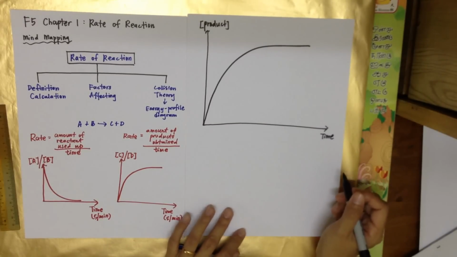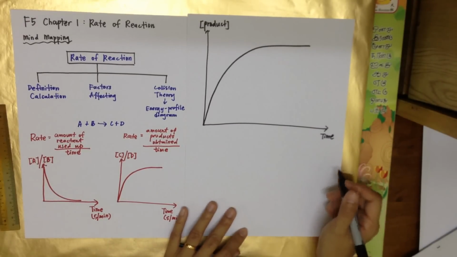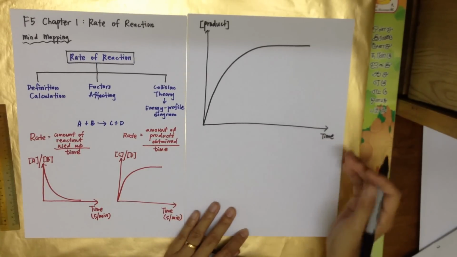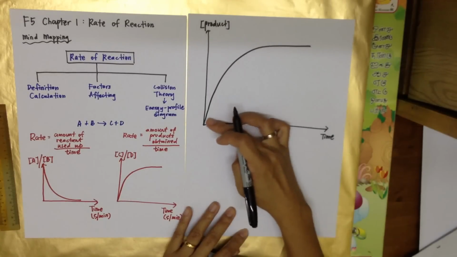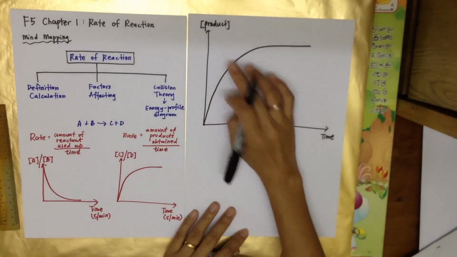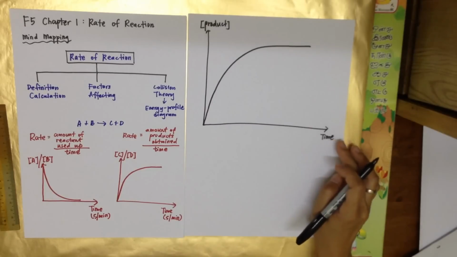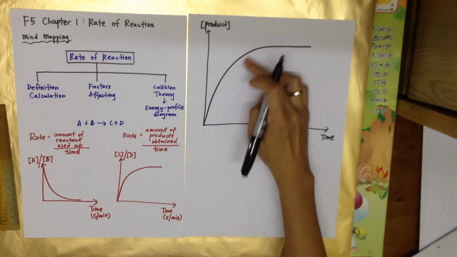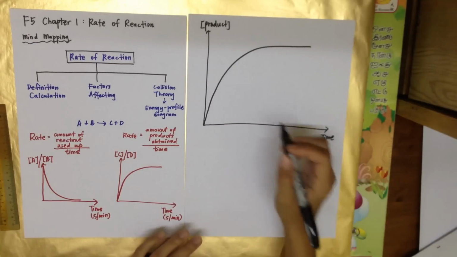So students need to know how to interpret the graph in the first place before we continue to the calculation. Once we know that it is a measurement of the concentration of product over time, then we have to understand the meaning of the curvature at different times.